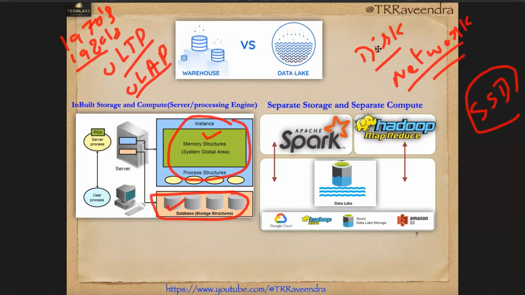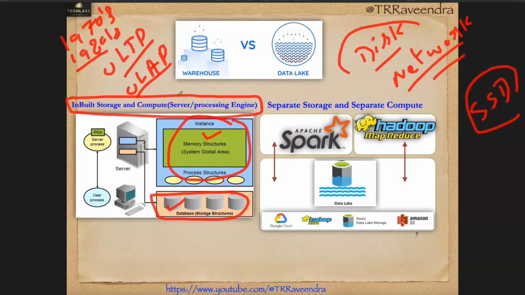So the number of files per second we can read and write per second is very low on those hard disks. That's why traditional databases build inbuilt storage and an inbuilt processing engine. Any database, maybe Oracle, DB2, SQL Server, MySQL, their concept is inbuilt storage, inbuilt processing engine.